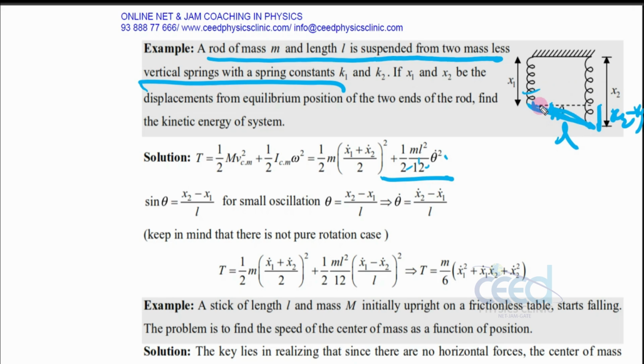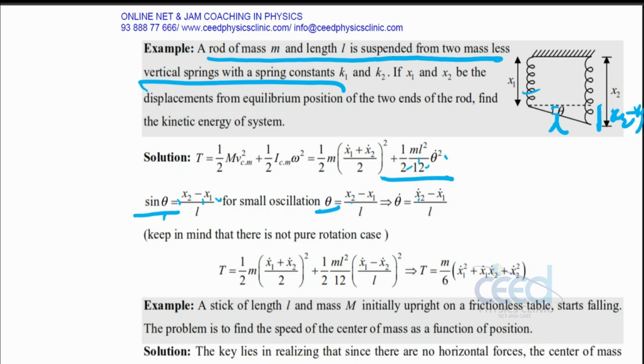Based on that, the rod connected between these two springs rotates, and the rotation angle is theta. So sin theta is x2 minus x1 by L, and for small angle we can write theta as x2 minus x1 by L. Then theta dot, differentiating, is x2 dot minus x1 dot by L.